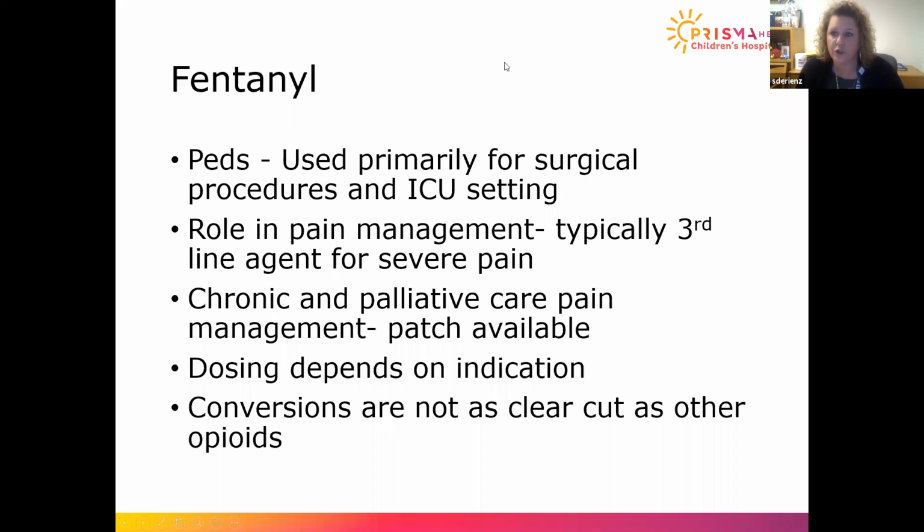I do want to touch on just real quickly some other options that are out there. Fentanyl, again, is something that you're going to probably see mostly in your post-op, procedural type settings and ICU settings, but it definitely has its place in pain management, typically third line in severe pain management.